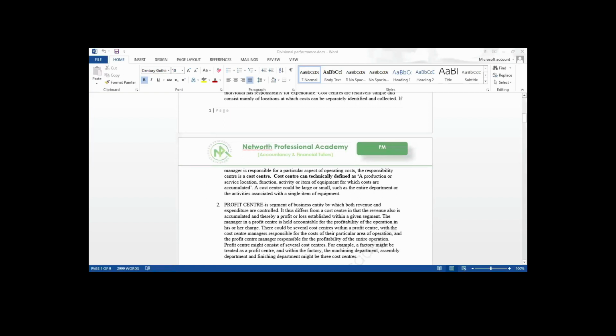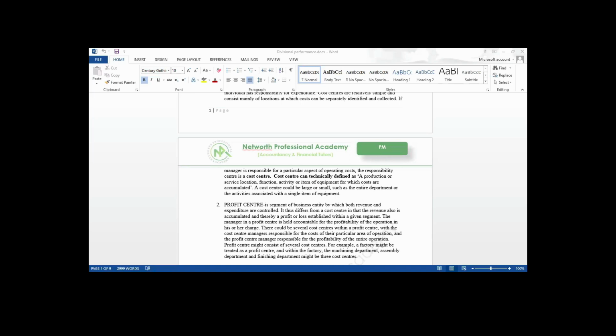Number 2, profit center. It's a segment of a business entity by which both revenue and expenditure are controlled. When we say profit center, it could be a department, a business unit, a section.